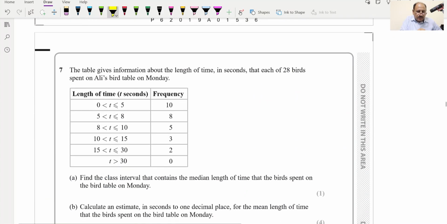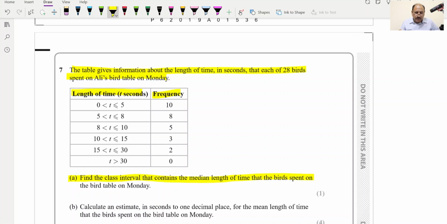The table gives information about the length of time in seconds that each of 28 birds spent on Ali's bird table on Monday. So this is the length of time, and frequencies are provided. And A part: find the class interval that contains the median length of time that the birds spent on the bird table on Monday.